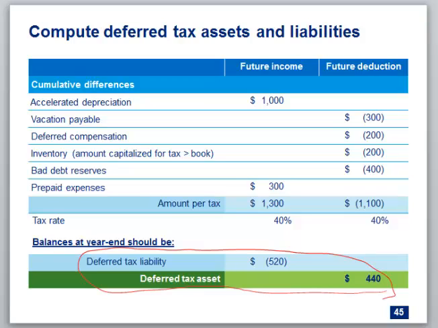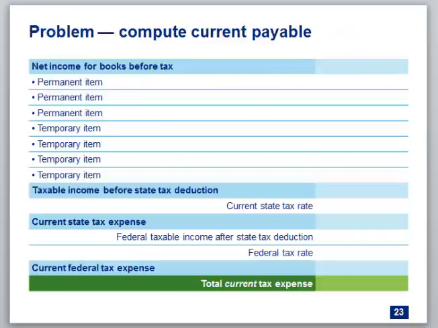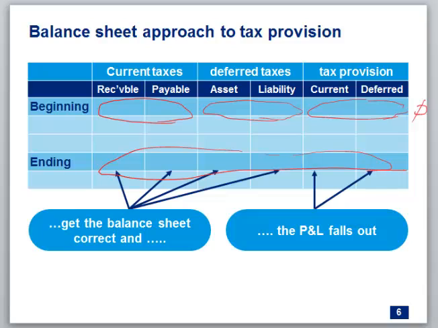Right? So think of this schedule, okay? When you roll forward this schedule, you're going to get to a balance in your deferred taxes at the end of the year. You're going to do all your journal entries for the year's activity, but somehow that's going to give you this ending balance.